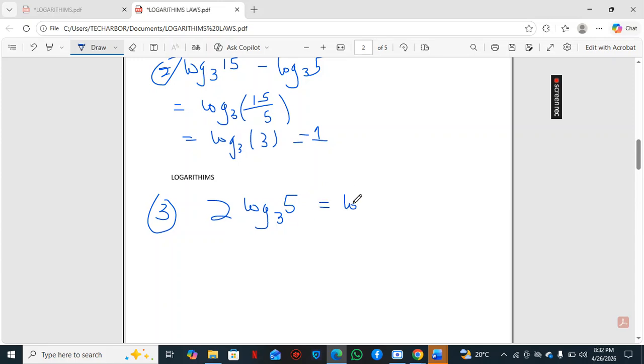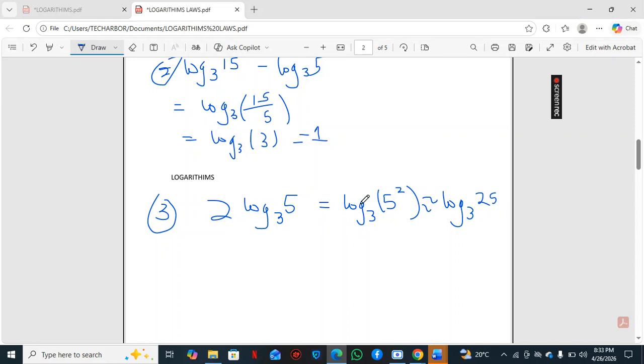It's going to become log base 3 of 5 raised to the power 2, which can be simplified further as log base 3 of 25 here.